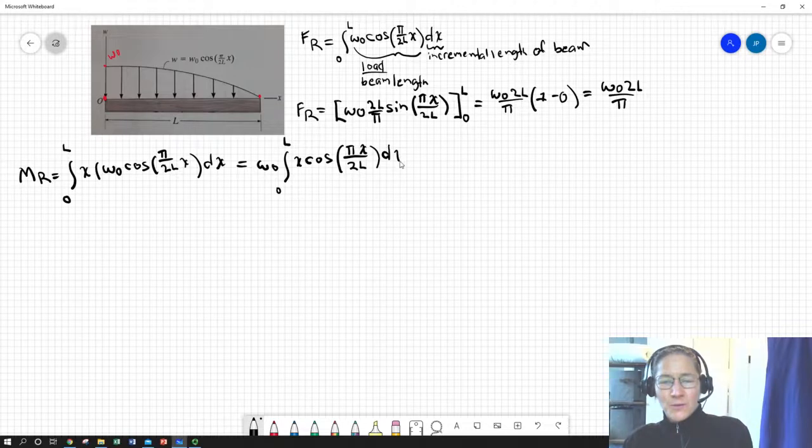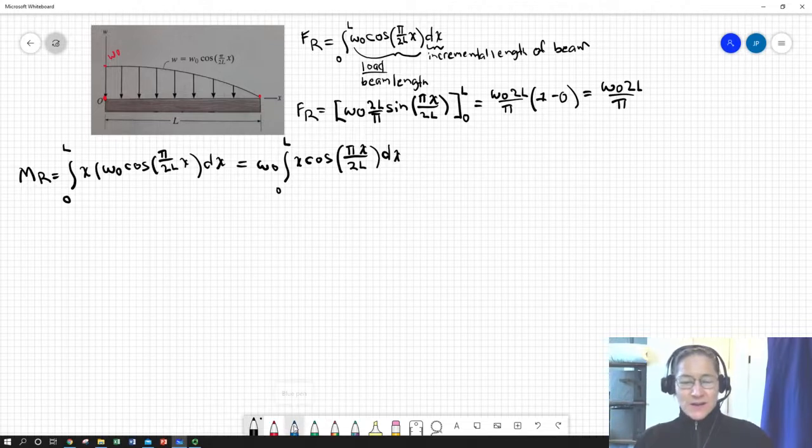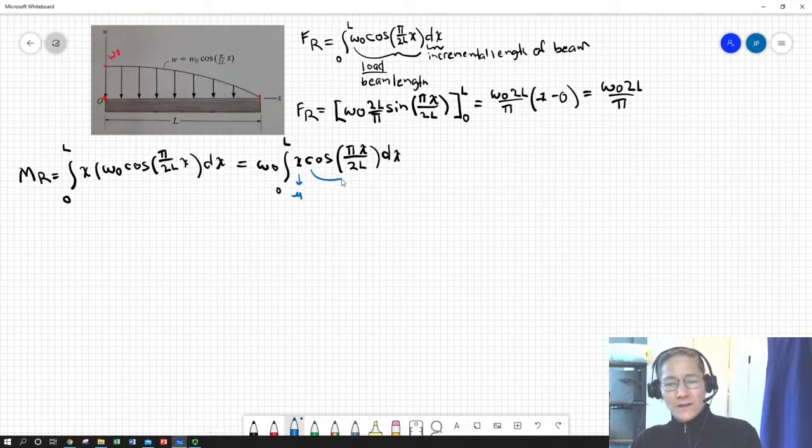You can look that up in a table of integrals, or you can use integration by parts. So if we want a real quick integration by parts here, we can identify, we'll call this u, and we'll call all of this dv.